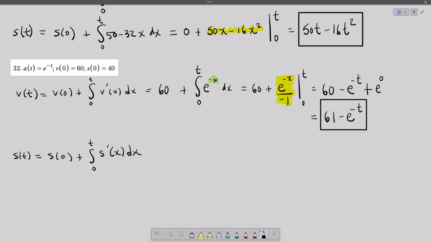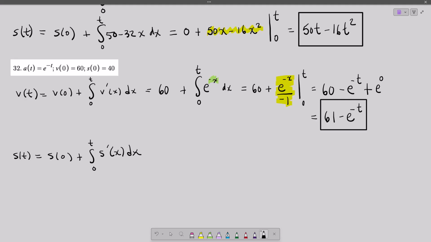All right, any piece of that is causing you grief? Sebastian? Yeah, so I have a quick question on where you got the 61, because when I plug in the 0 on the e to the power of -x, I know that it was going to be turning into 1, but wouldn't you be dividing into -1?